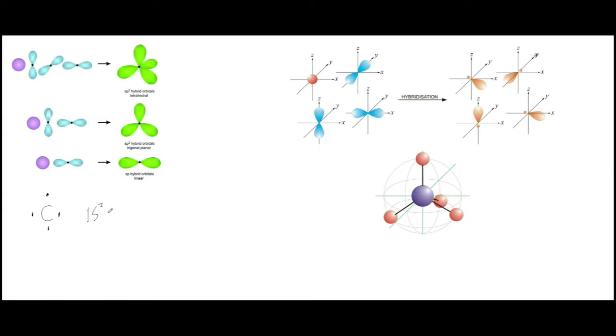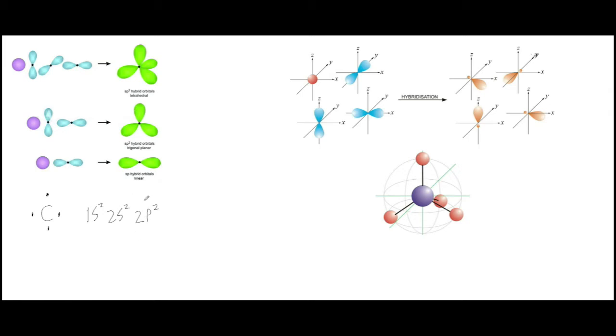So that would be 1s2, 2s2, and then we have 2p2. So that's the 6 electrons. I'm not showing the 2 inner electrons here. So these are our various orbitals.